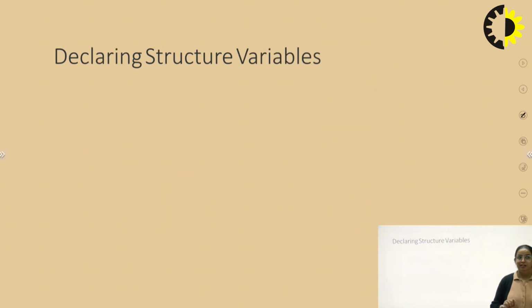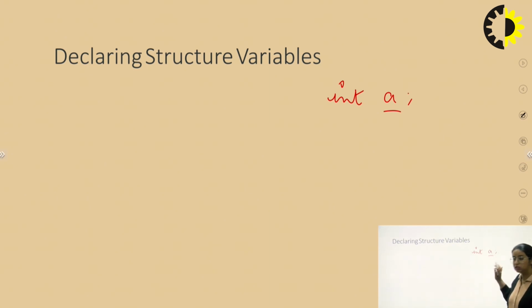Declaration of a structure variable is the same as your normal declaration. Suppose we are declaring int a. This is the declaration of a variable a. In the same simple way we declare a structure variable.